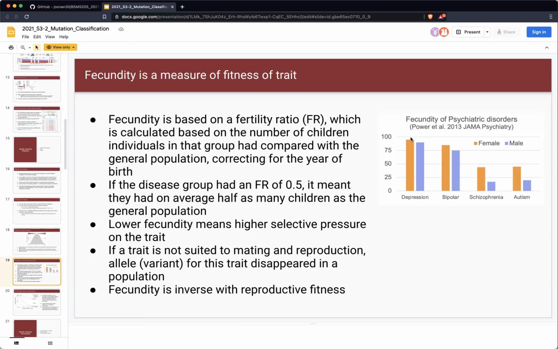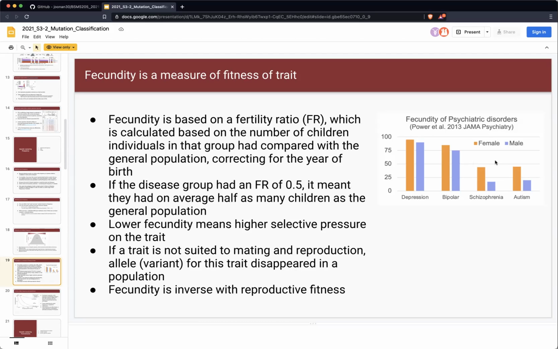But if you look at individuals diagnosed with schizophrenia or autism, their fecundity shows a 50% or 75% decrease in that population. Females diagnosed with schizophrenia or autism have about a 60% reduction in fecundity, right? And males with schizophrenia or autism have about an 80% reduction. Why does that happen?